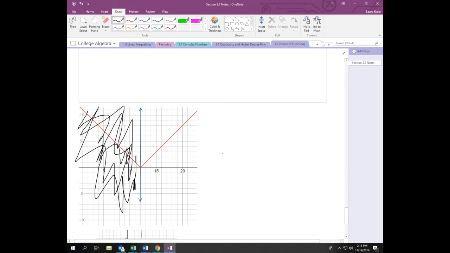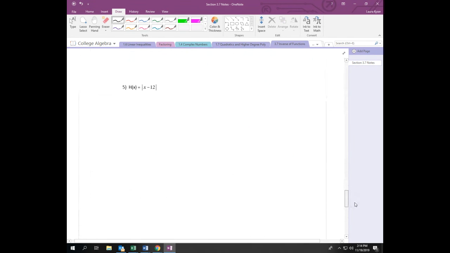In a similar fashion, you could go off towards the negatives. It doesn't really matter which way you go, but you want to cut one side of the graph off where the repeating is happening. So I can restrict the domain in this case, since it's not one-to-one to begin with. We can restrict it to x's that are greater than or equal to 12 only. That goes from 12 on, which will give you the right vertical arm like that.